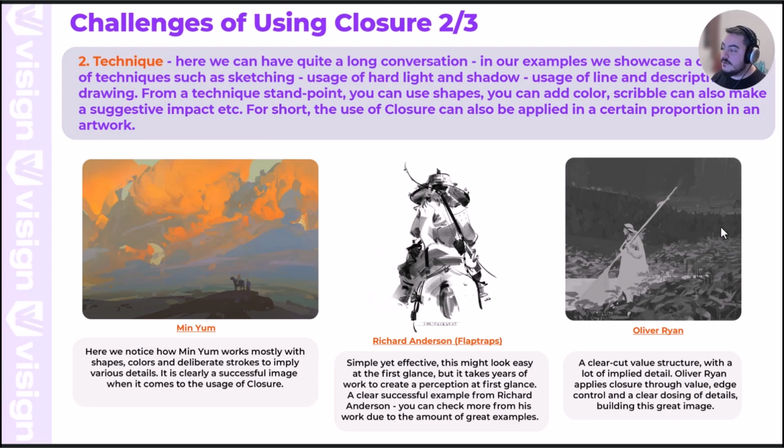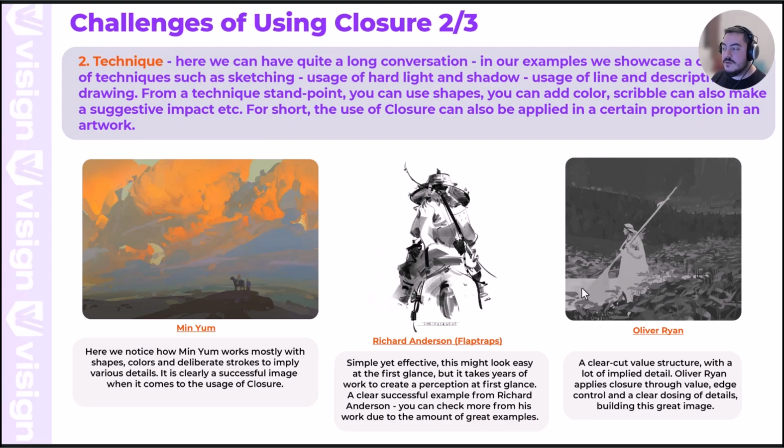And the last one is Oliver Ryan, which is an example of using this principle, but just using it with value. Of course, you'll notice that there's not a lot of detail on the code here, and a lot of this value is kind of clamped, but we also have this tendency to complete the image and understand what's going on, because the readability is very much enhanced, and there's a clear contrast between positive and negative.